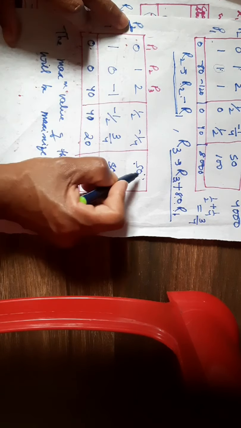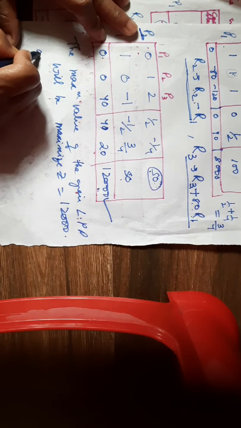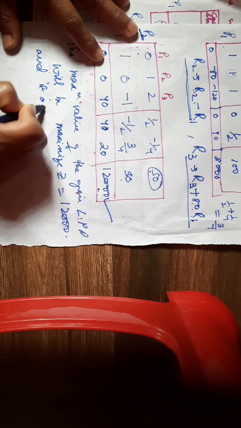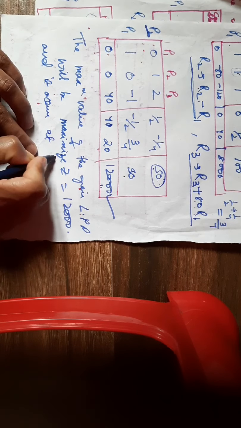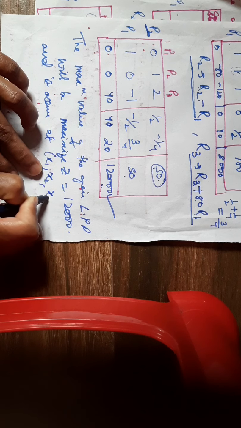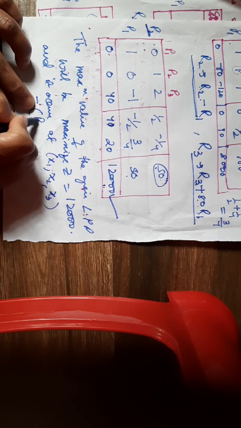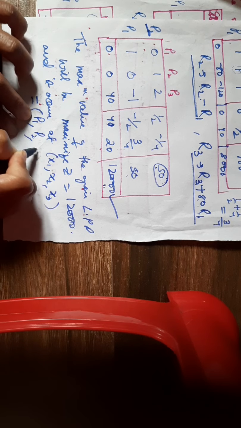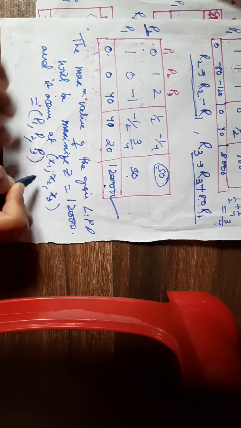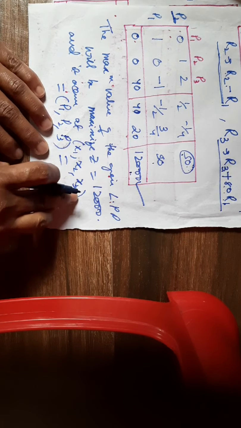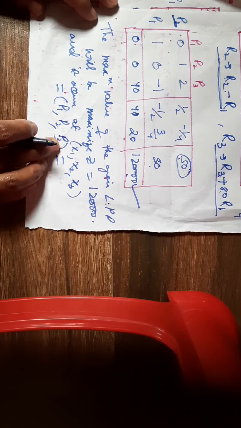Since P2 is there, it occurs at this one. The values of X1, X2, X3 will be the same as P1, P2, P3.